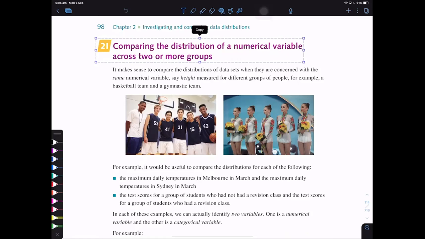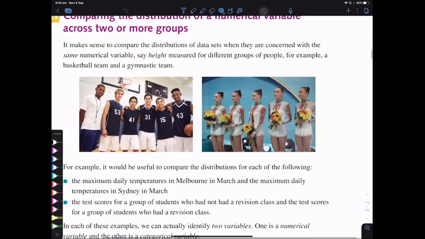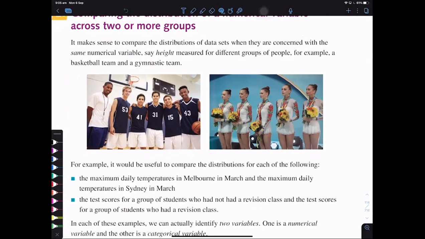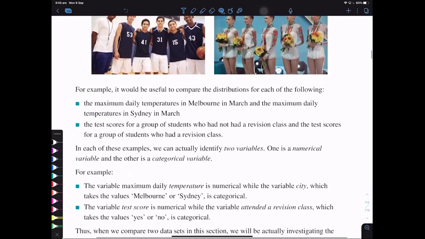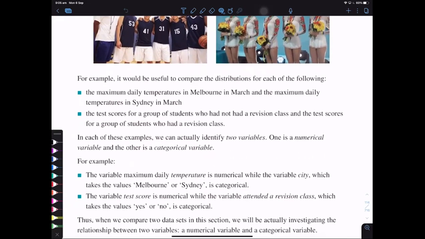Okay. So here you can see that they're comparing the height of people in the basketball team versus people in the gymnastics team. Would they be the same height? Would one be higher? Would one be shorter? Stuff like that. Other things you can compare are, for example, temperatures in March versus in Sydney in March.